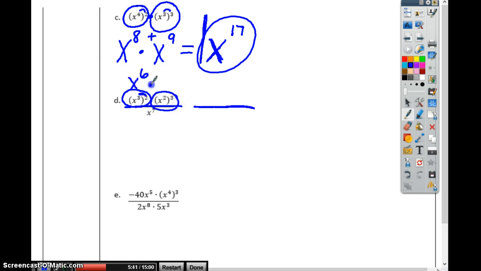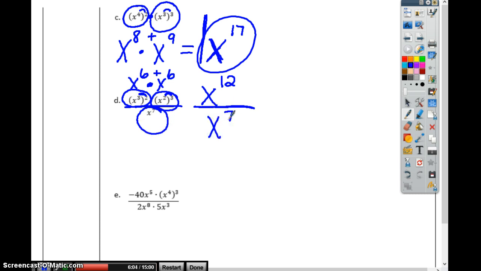This one times x to the, multiply 2 times 3, the 6th power. Now when I multiply these, I add my exponents, I get x to the 12th power. And underneath, in the denominator, we still have x to the 7th power.